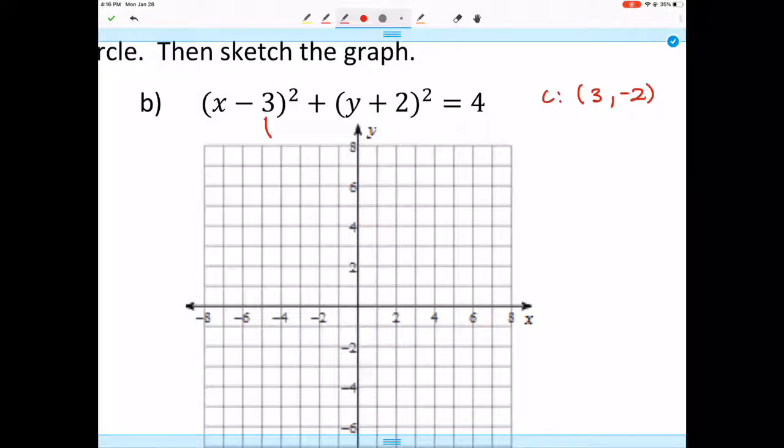Here our radius is going to be the square root of 4, which is 2. So we plug in our center point, which is 3, -2, and then our radius is 2 in all directions. And then we make our circle.